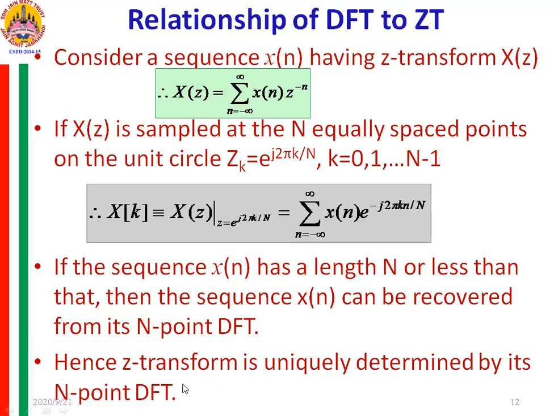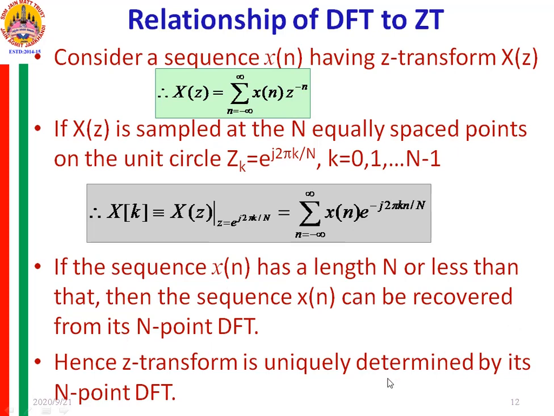This is possible only if the sequence x[n] has length N, or if the sequence x[n] has a length which is less than capital N. At that time only it is possible to determine the DFT from the Z transform.